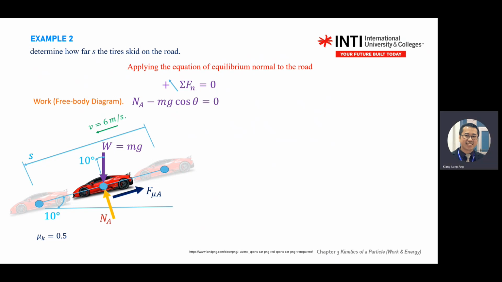So NA minus mg cos theta equals 0. So from here you can find NA. Once you find your NA, substitute here to find your friction force. Makes sense?